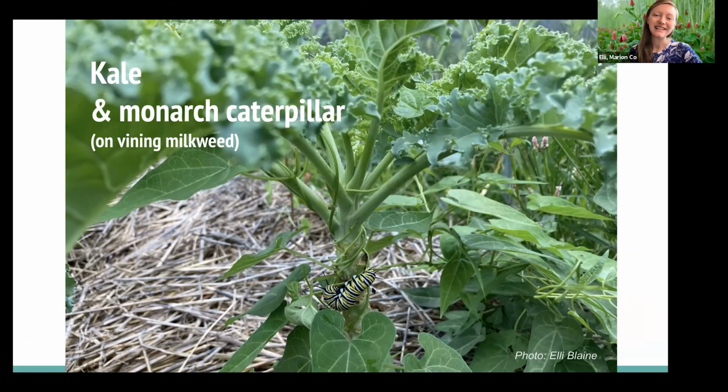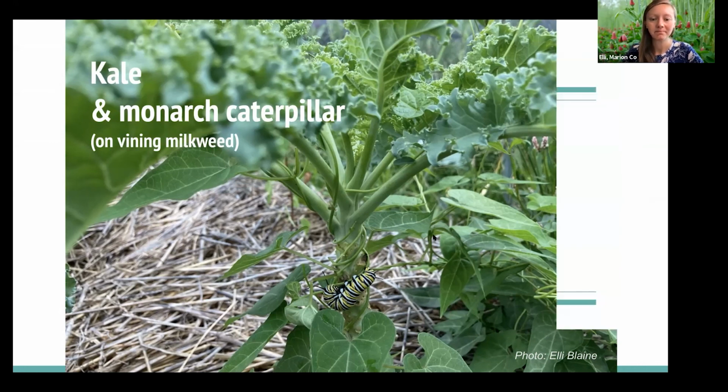So I think that's one of the opportunities on a small scale that we have, is that ability to really hone in and center on individual rows, individual beds, and think about how these soil health systems work, and also support other insects, other life in our gardens.